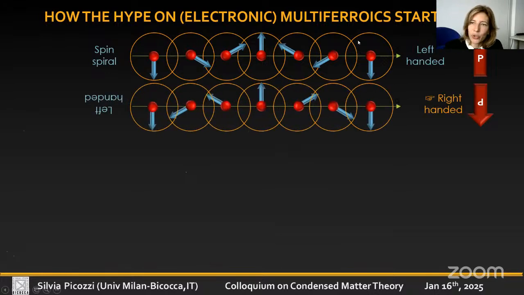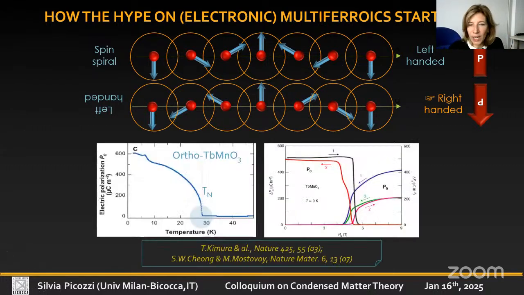And the way you switch the direction of P is by going from a clockwise spin spiral to a counterclockwise spin spiral. This was very clearly shown in manganites, like terbium manganite, where it was clear that there was the emergence of ferroelectric polarization below the Néel ordering temperature. So this unambiguously showed that there's a strong link between ferroelectricity and magnetism.